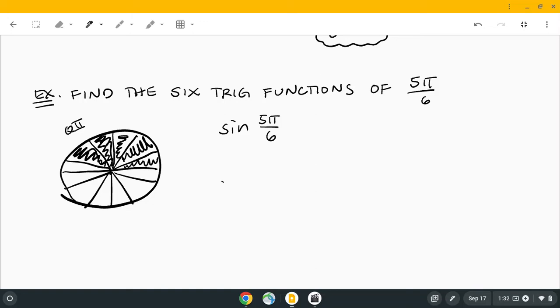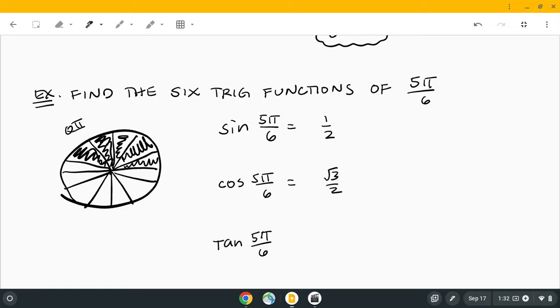Sine, cosine, tangent. Okay, so it has reference angle pi over 6, which is 30 degrees. So this is going to be 1/2. It's in quadrant 2, so it will be positive 1/2. Over here, this will be square root 3 over 2.